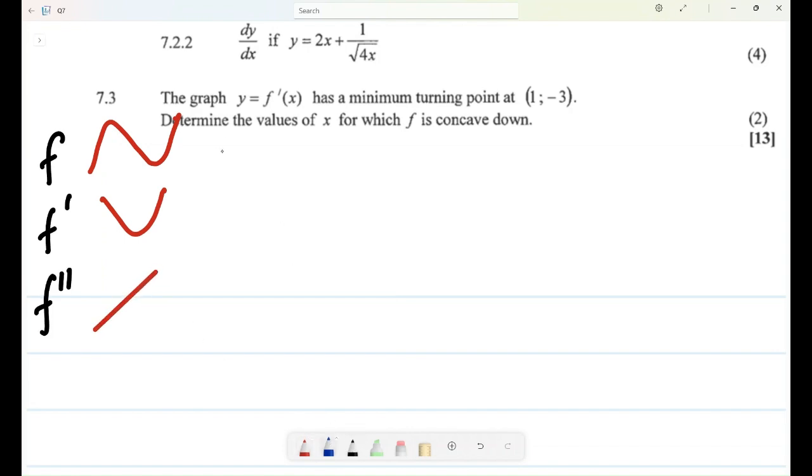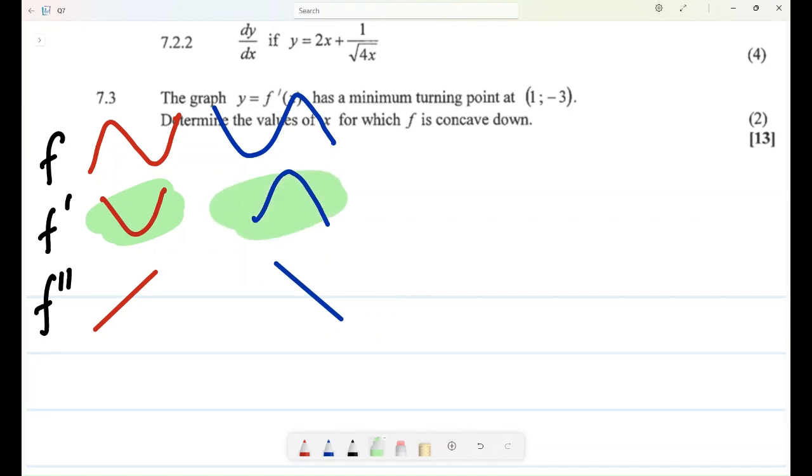So now I'm told that whatever I have is f prime of x. So it is between this and this. This is the strategy that I'm giving you.